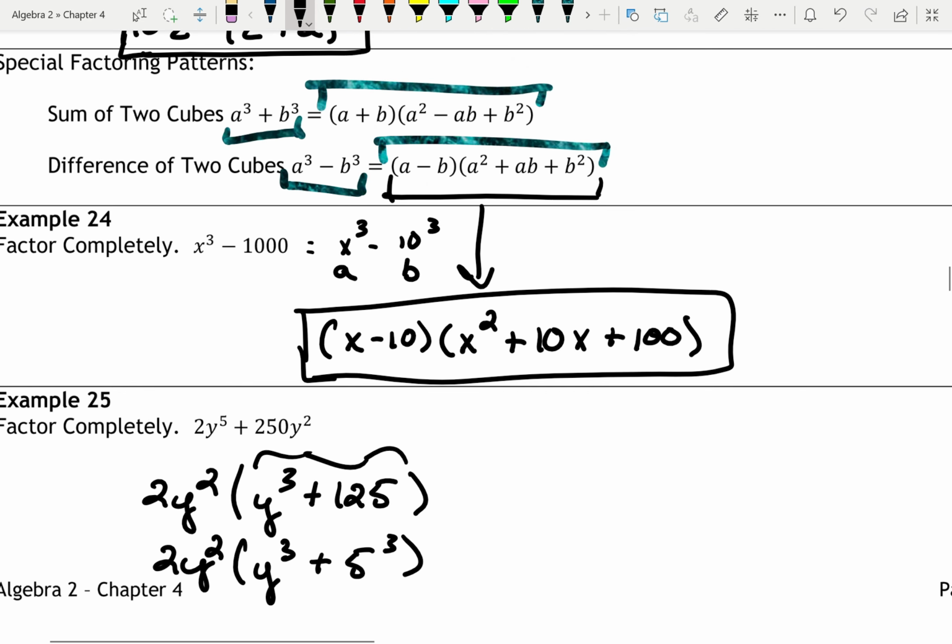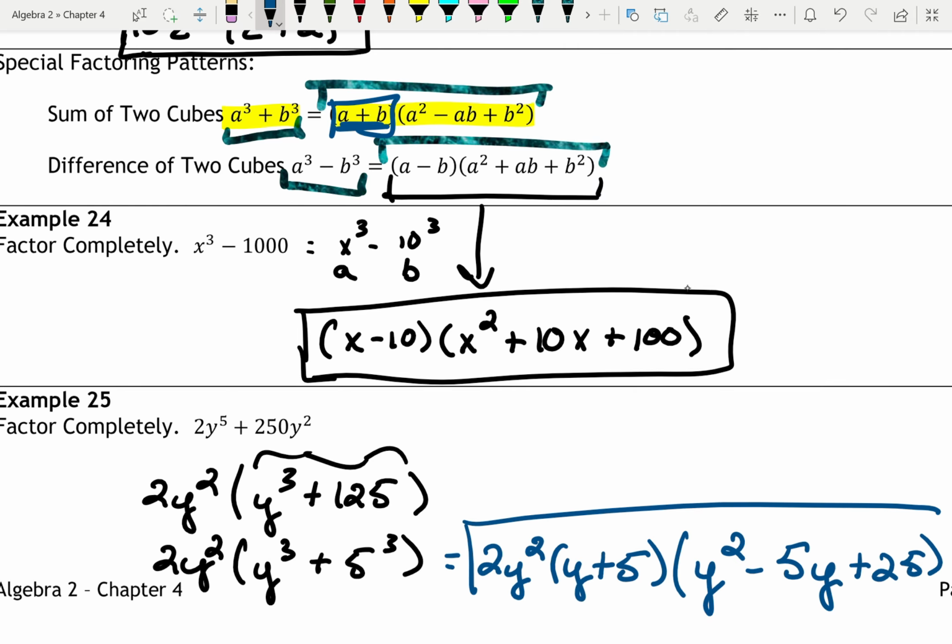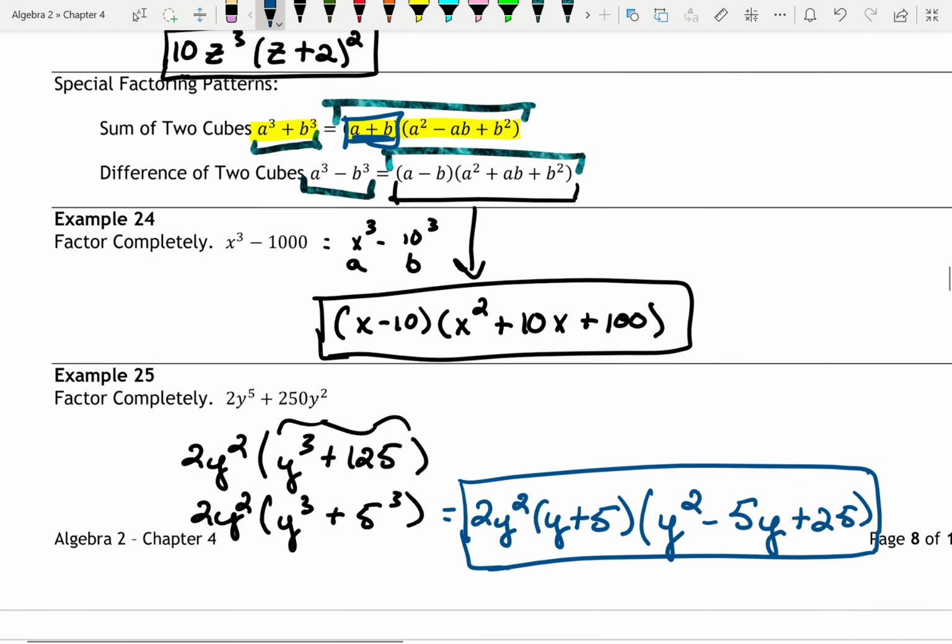So we can apply one of these formulas, and it's going to be this top one here, because it has the a cubed plus b cubed. So our final answer, we still have the 2y squared hanging out front, and then we'll have y plus 5. Right, so I plugged it into this guy right here. Now for the trinomial, we'll have y squared minus 5y plus 25. And there we go.